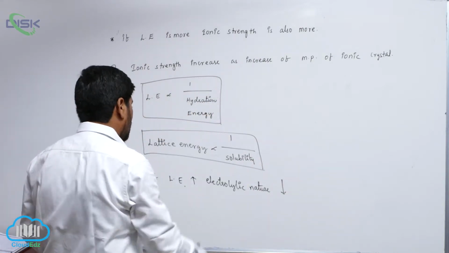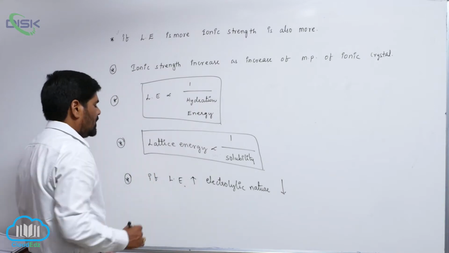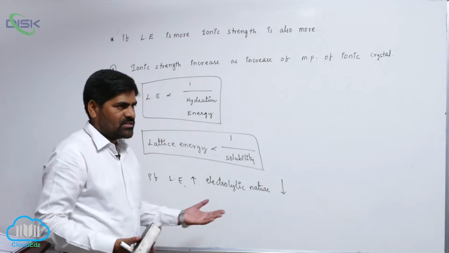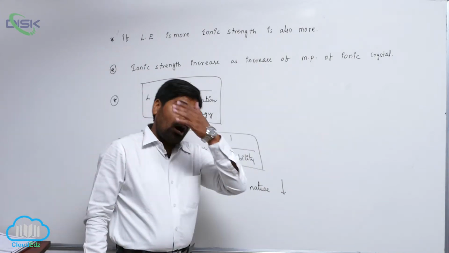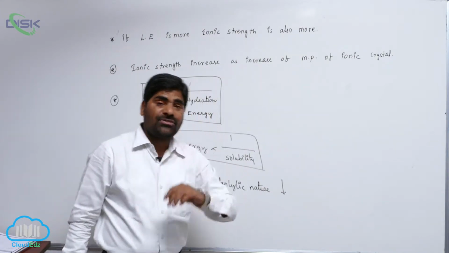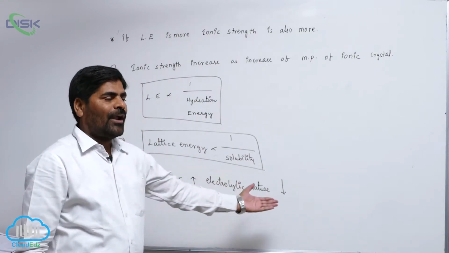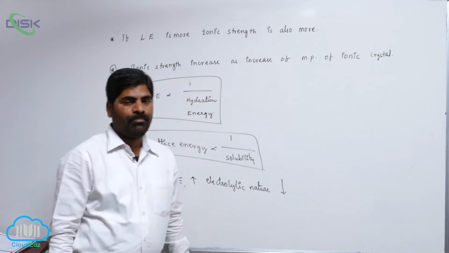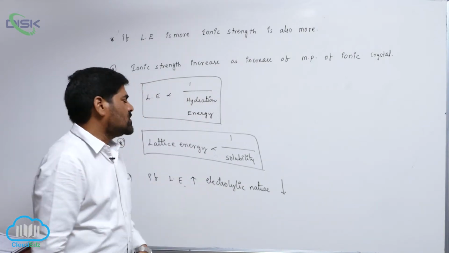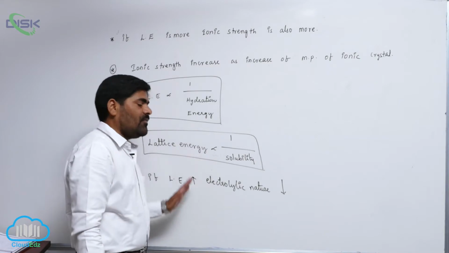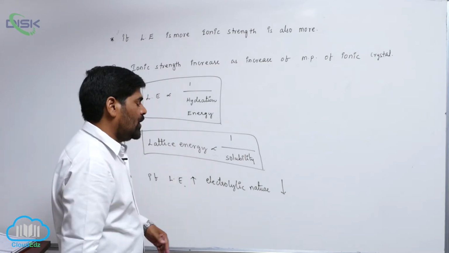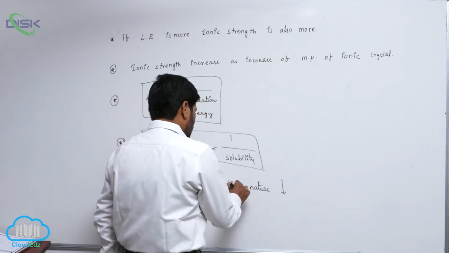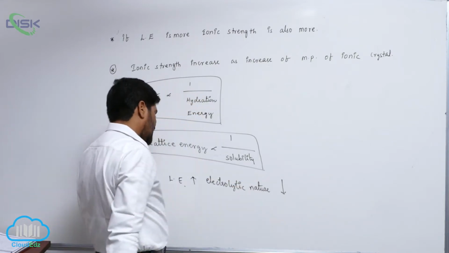Why? Because when lattice energy increases, solubility decreases. When solubility decreases, very few ions are formed in the aqueous state. Electrolytic nature depends on the number of ions in aqueous solution. So the number of ions decreases if lattice energy increases, and that is the reason why electrolytic nature decreases.